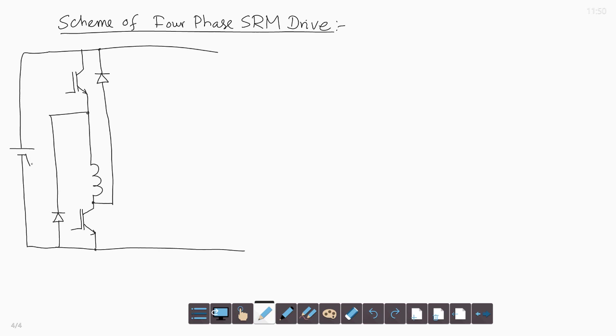This is the DC supply VD. This is A, the stator phase winding.